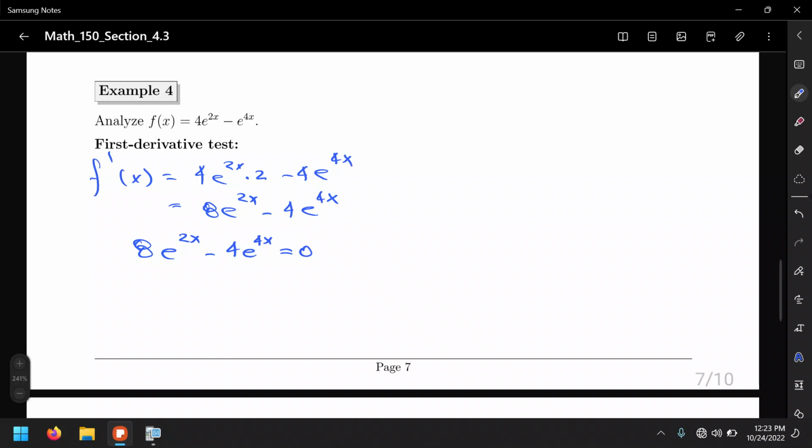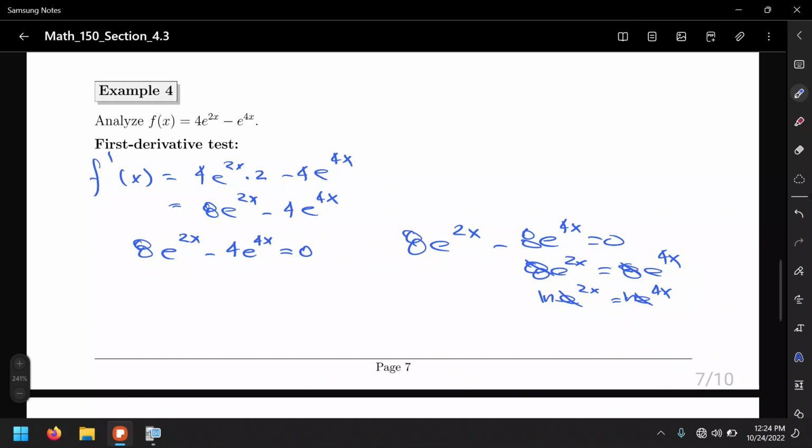All right, so we have this exponential function. And in this case, it would be great if we had the same coefficient for both exponential terms. For example, what if both were 8e to the 2x minus 8e to the 4x equal to 0, that's 8e to the 2x equals 8e to the 4x. Cancel the 8, e to the 2x equals e to the 4x, and take ln to both sides to cancel the exponential.